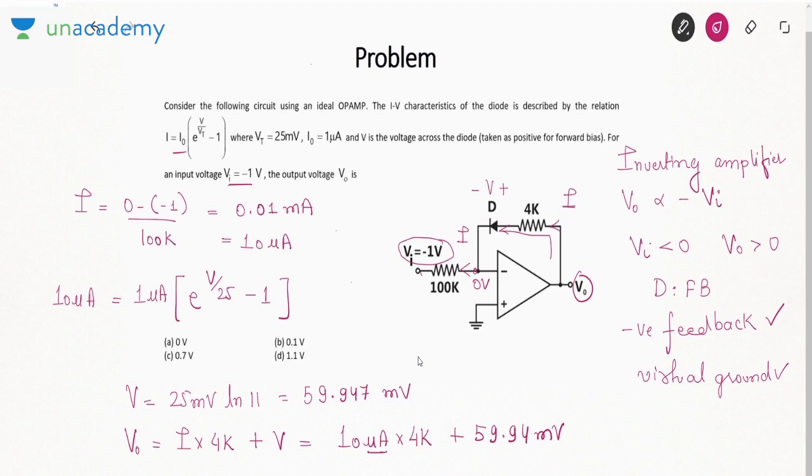Micro into kilo will be milli, so 40 plus 59.947, that is 99.94 millivolt, or approximately 100 millivolt, which will be 0.1 volt. So the answer would be B. So what I have done is I have checked whether the diode is on or off, and once it is on, I can apply the concept of virtual ground.